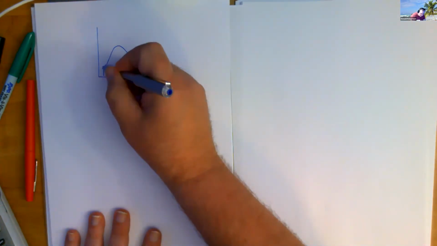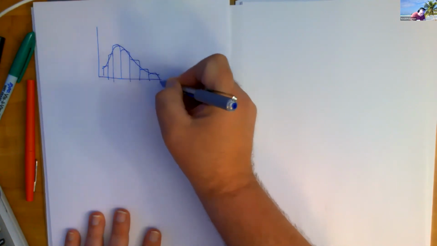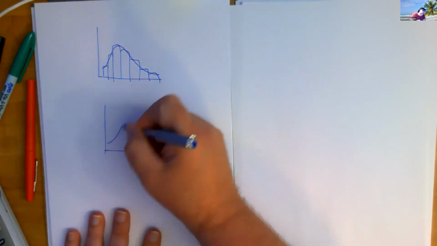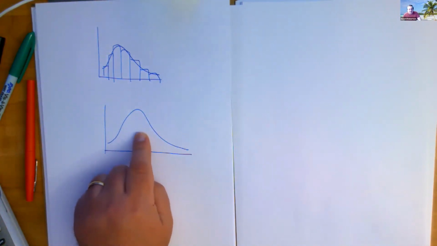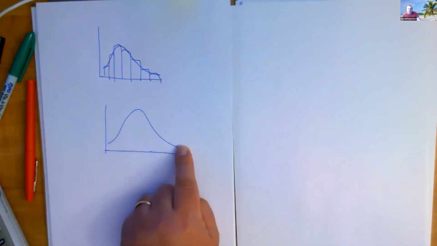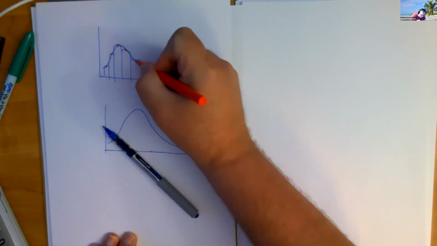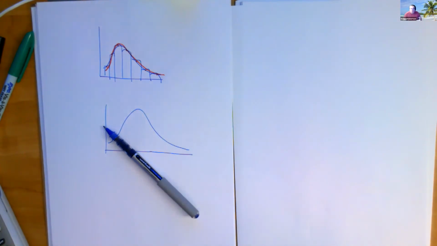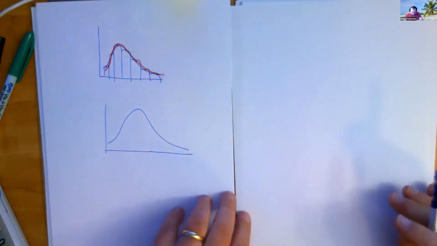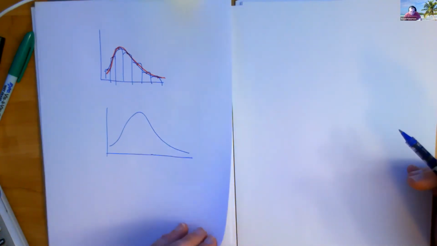I want you to imagine that there are basically rectangles here, but for speed, I'm just drawing a rough curve through them. If you want to draw the general shape of a histogram, you just put a dot at the middle of each of the heights, and then you draw a curve through it, right? Are we okay with that shortcut? So I don't have to keep drawing lots of rectangles, right?